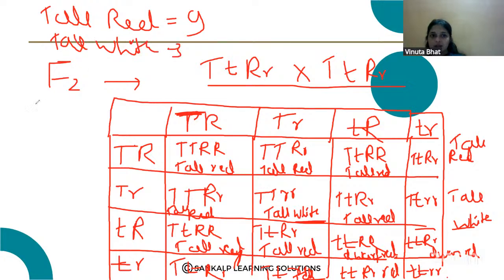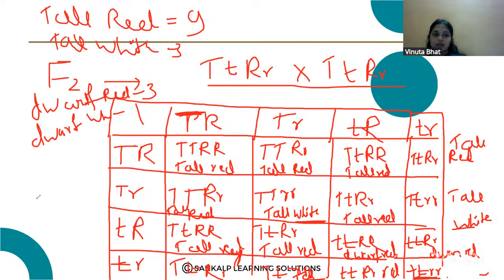Then dwarf red color flowering plants 3. Then dwarf white color flowering plant 1. This is the last one. So you can observe the F2 generation phenotypic ratio is 9 is to 3 is to 3 is to 1.